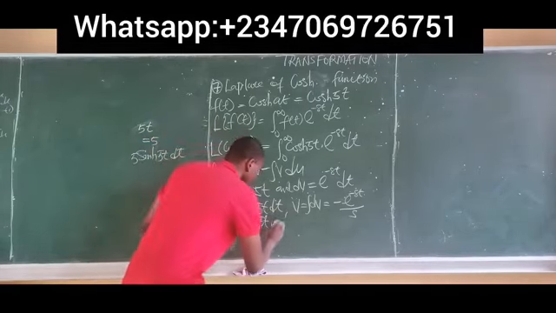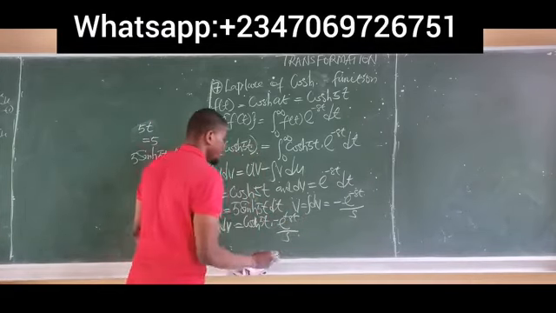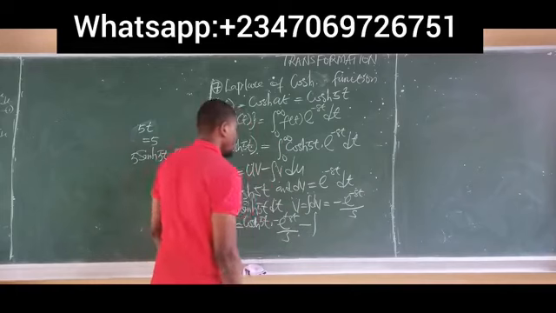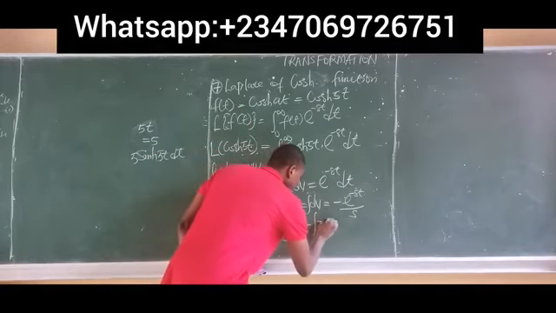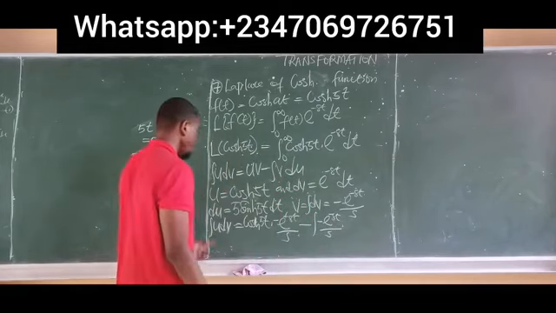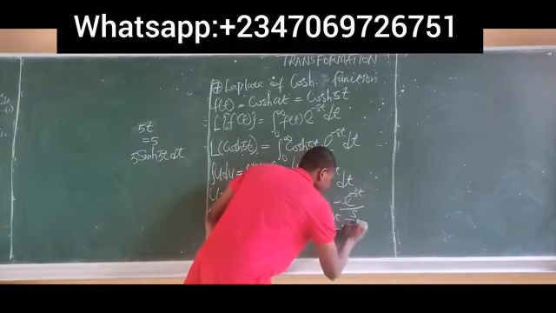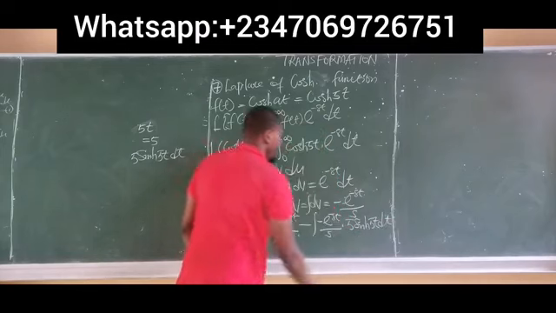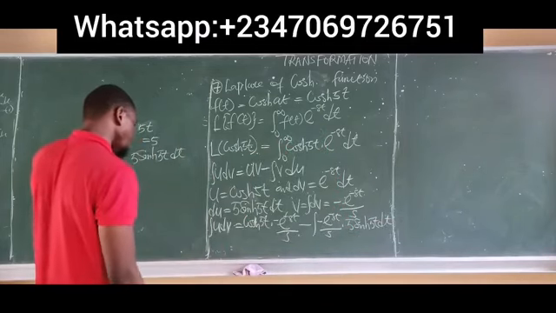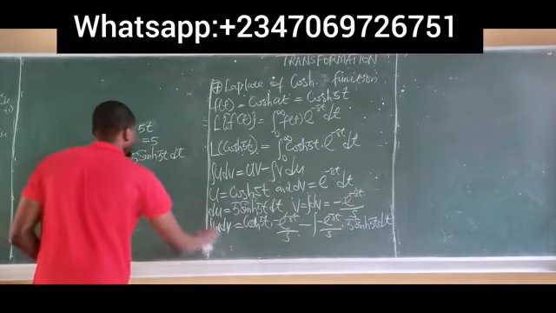V is equal to minus exponential minus st all over s, minus integral of v du. What is v again? V is minus exponential minus st all over s times du. Du gave us 5 sinh 5t dt. So we have 5 sinh 5t times dt.